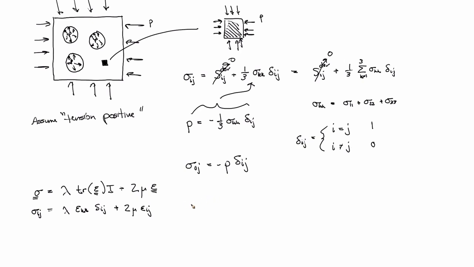And lambda, straight off that chart which relates all the elastic constants, is equal to the bulk modulus minus 2/3 the shear modulus.